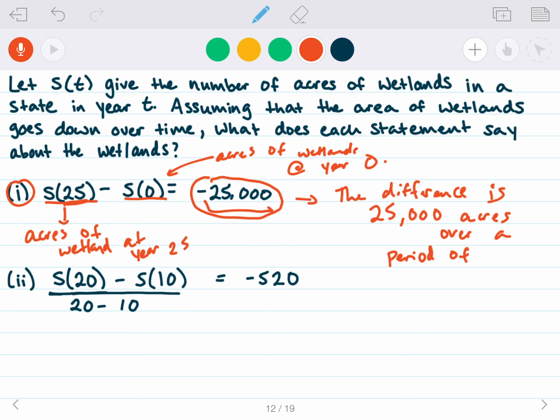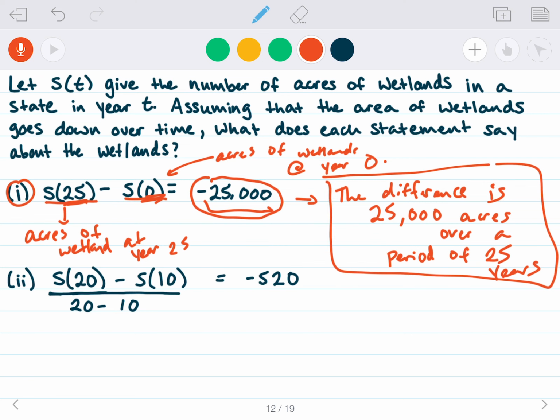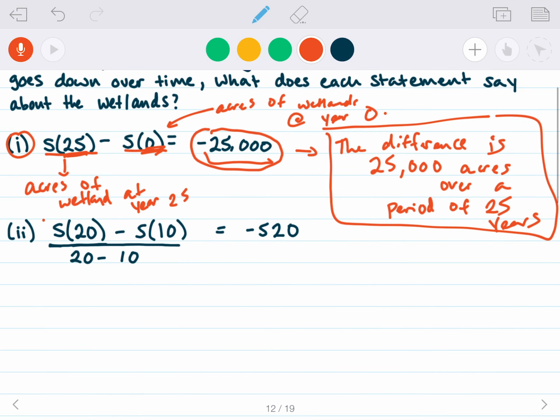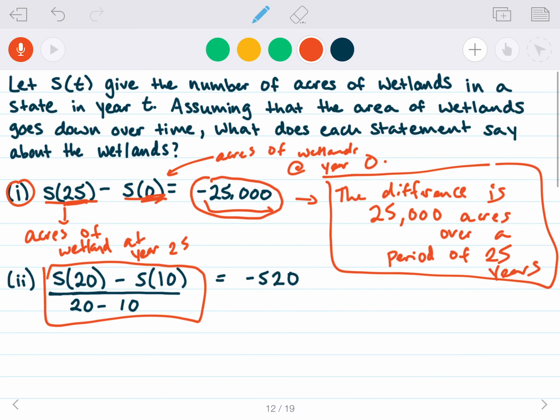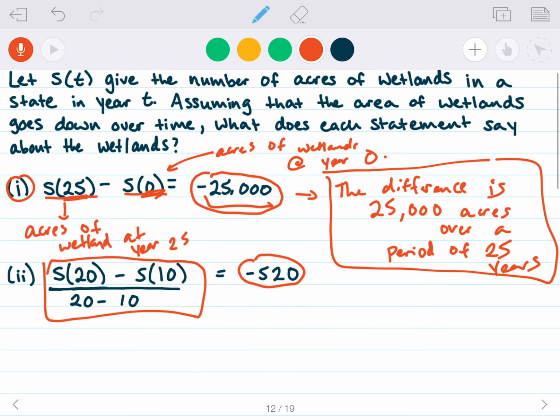Well, this is year 25, this is year 0, so that's a period of 25 years. So it's decreasing. All right, so now we have, this looks suspiciously like the average rate of change formula. And so we want to kind of interpret this in the real world context. So, we have this average rate of change is negative 520. So what is this telling us?